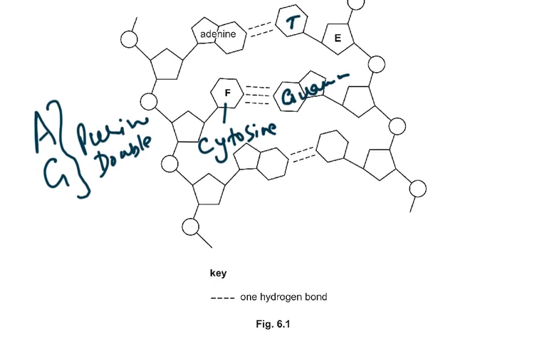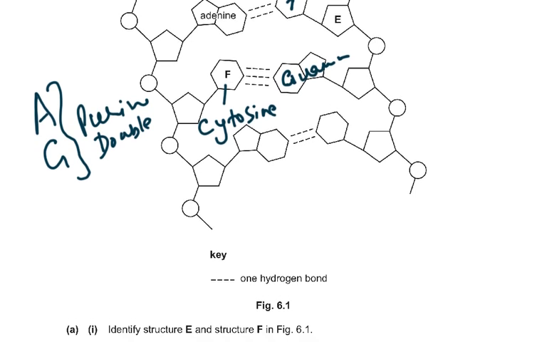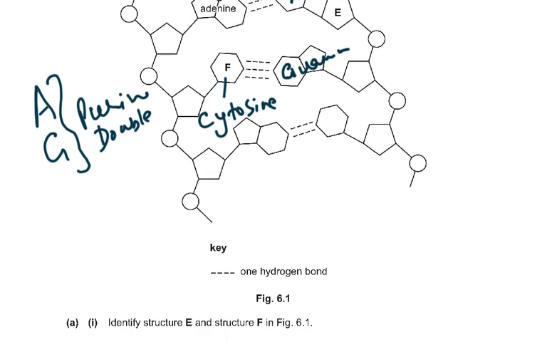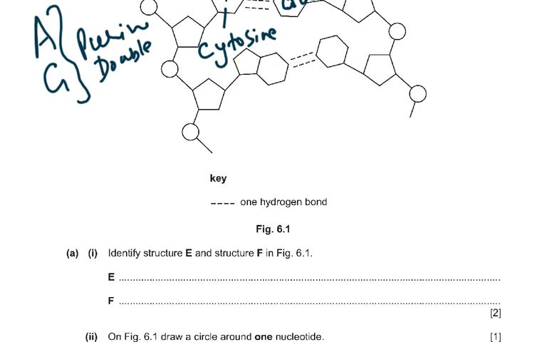There are two hydrogen bonds between adenine and thymine, and three hydrogen bonds between cytosine and guanine. So structure E is deoxyribose, and the other is cytosine.